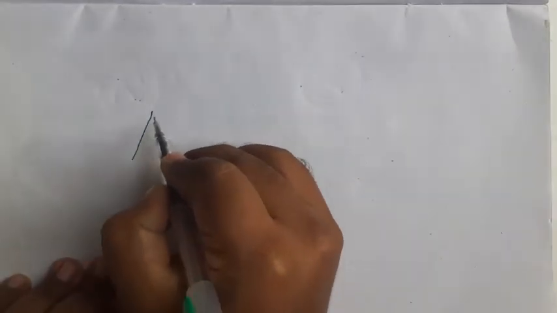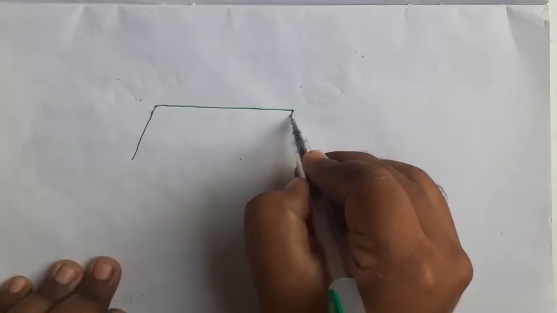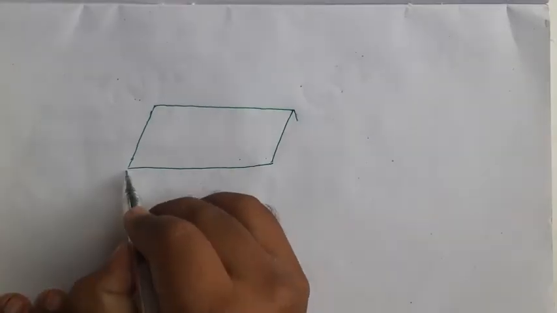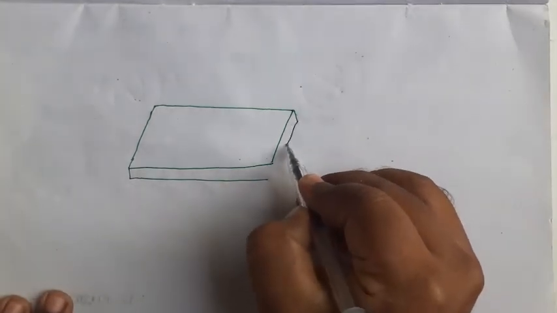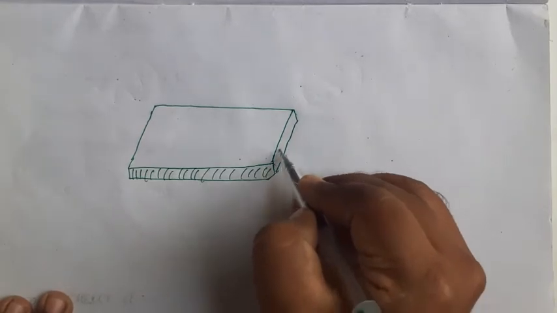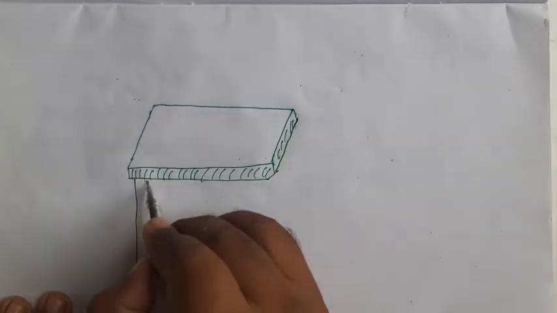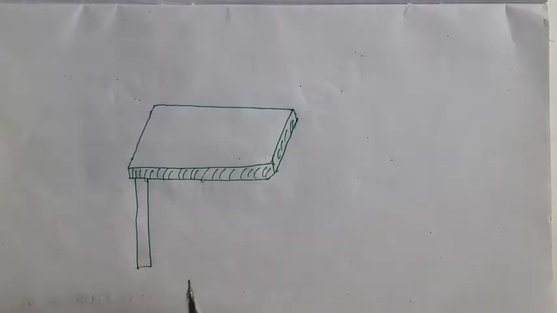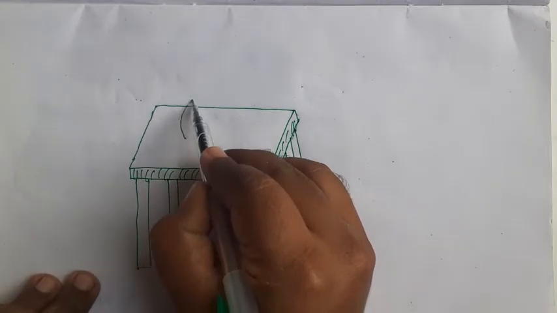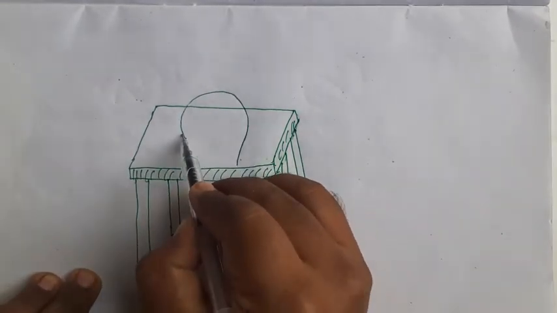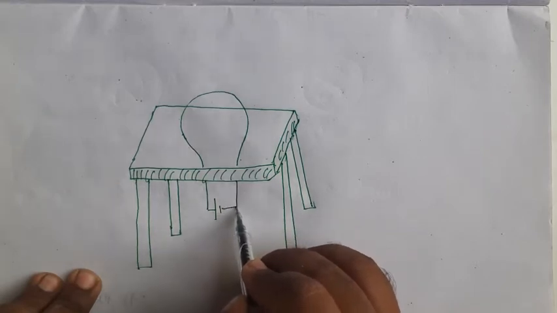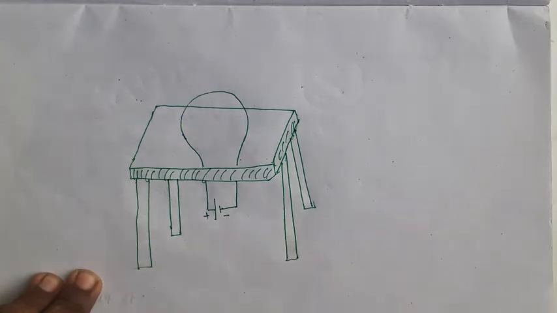First of all, this is a table. On this table, place a circular loop of wire, connected to a battery. The battery has a positive terminal and a negative terminal.